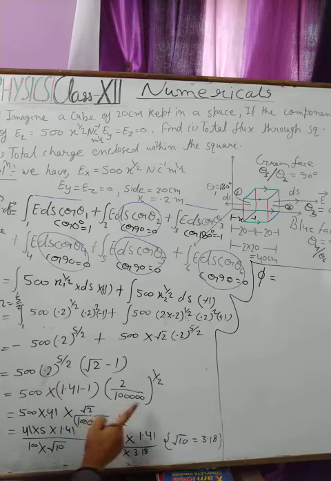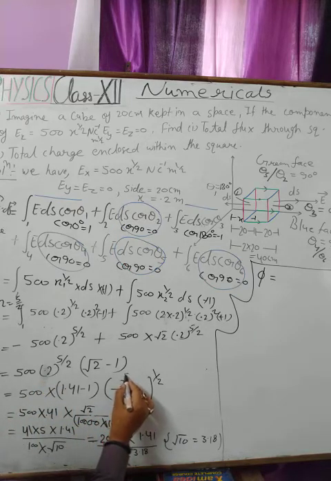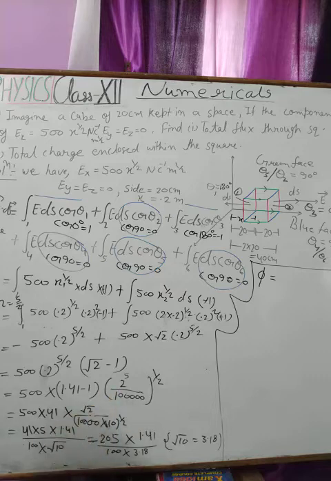In the denominator we have used the power but this we did not, and 2 to the power 5 becomes 32. So this we have 32.